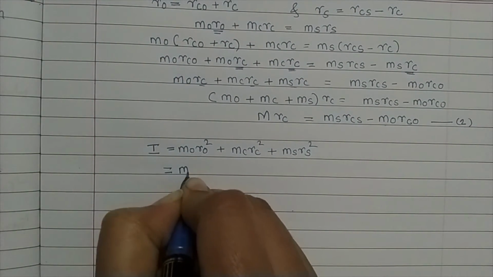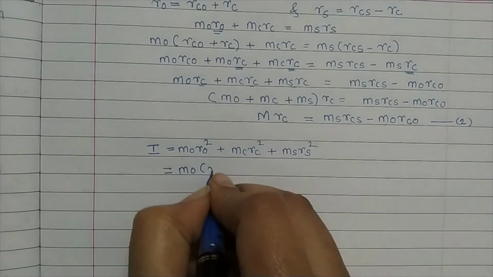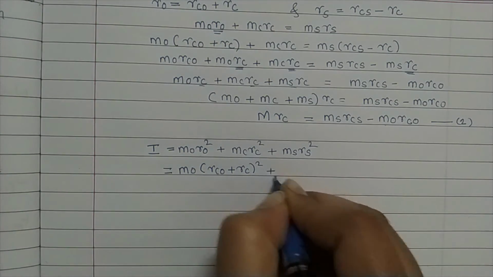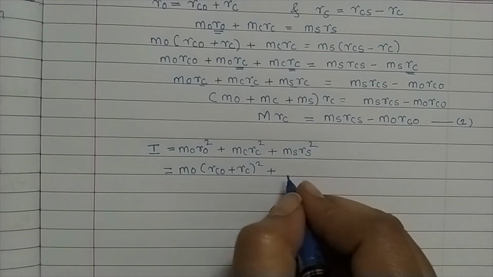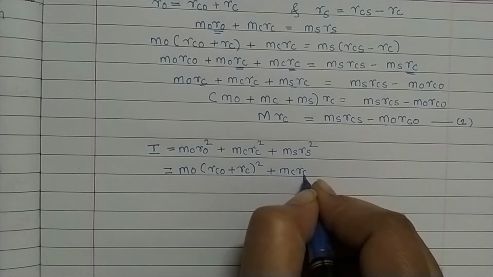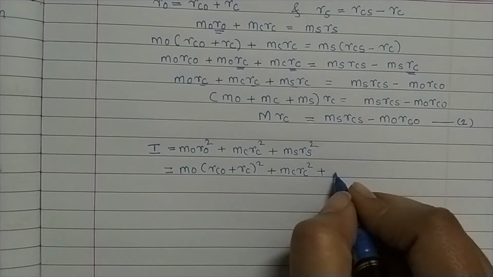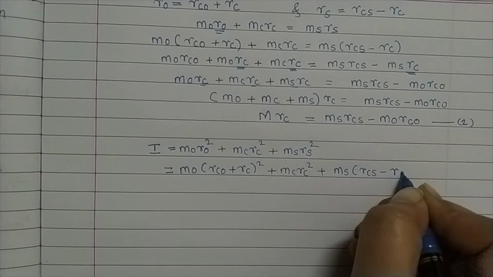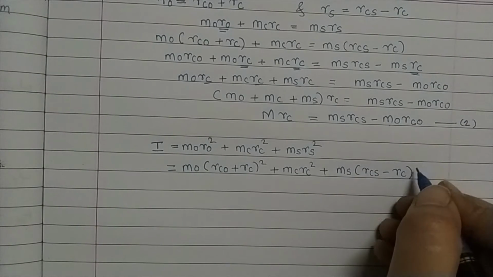So, MO, RO is RCO plus RC square, plus MC RC square, plus MS, RS value is RCS minus RC square.